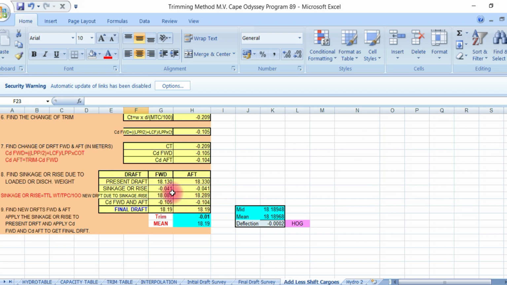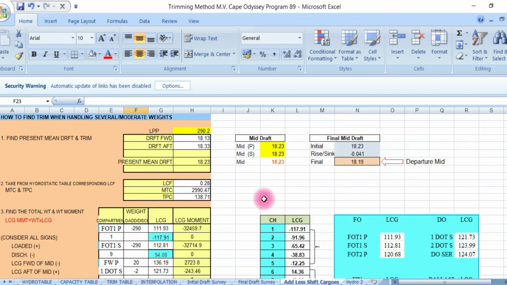So you have a rise of 4 centimeters, right? By mathematics, or algebra, you have a trim of 138.71. You divide it by 100.